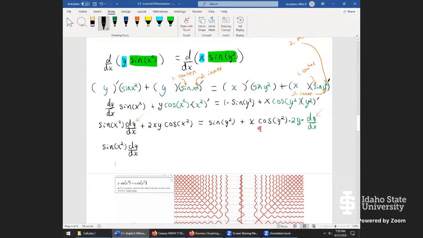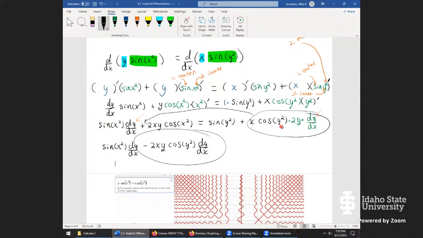I'm subtracting this whole thing. I'm going to put the 2yx together, so it'll be minus 2xy, just to keep the same format, then cosine y squared, and then the dy dx. So I've taken this, subtracted it to that side of the equation, resulting in that. Does that look right to folks?